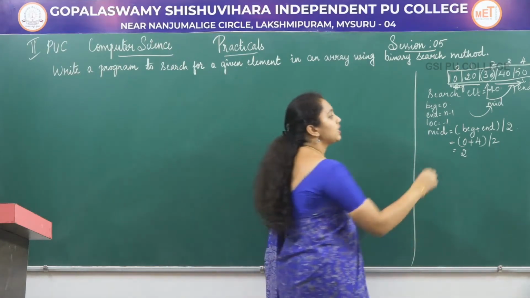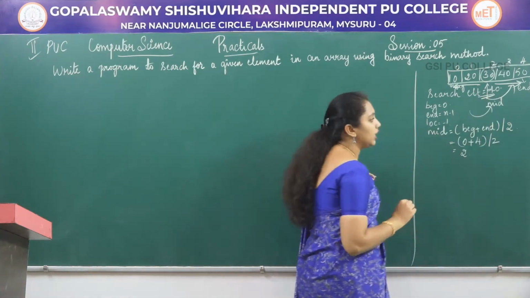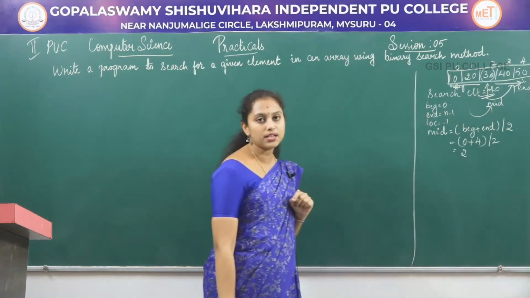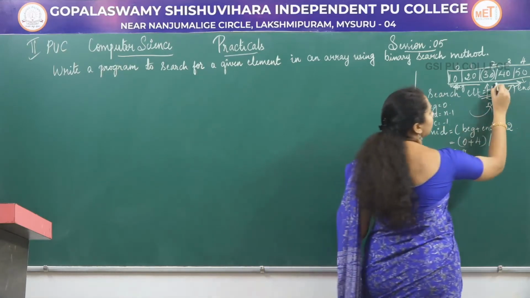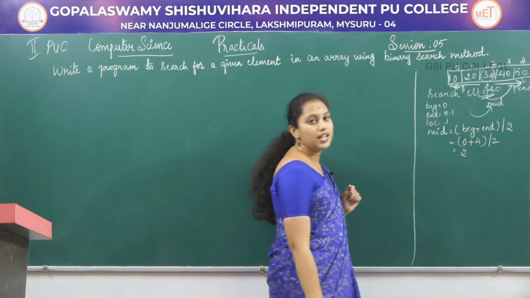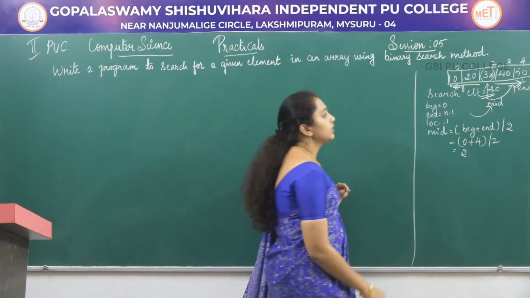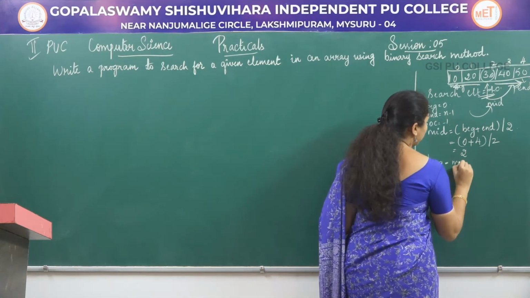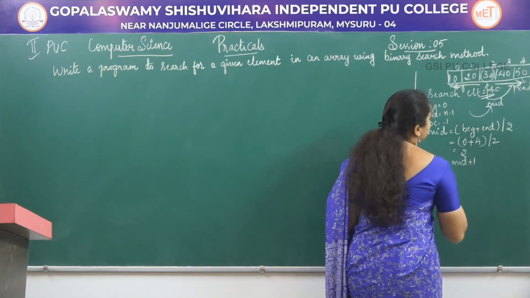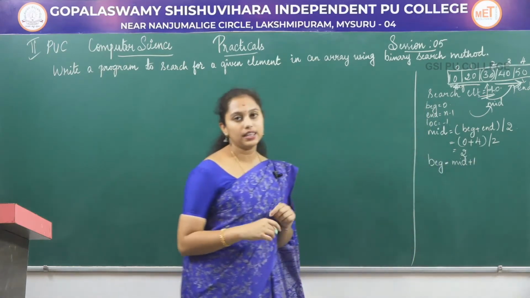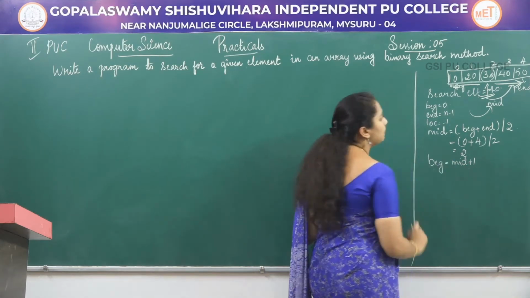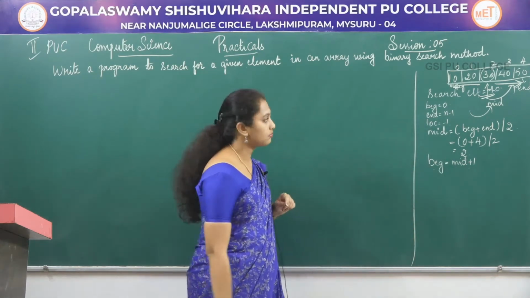So here the search element is 40. 40 is greater than 30, hence we are going to search towards the right side of the array. So the beginning becomes mid plus 1. As the search element is greater than the middle element, the beginning is equal to mid plus 1.